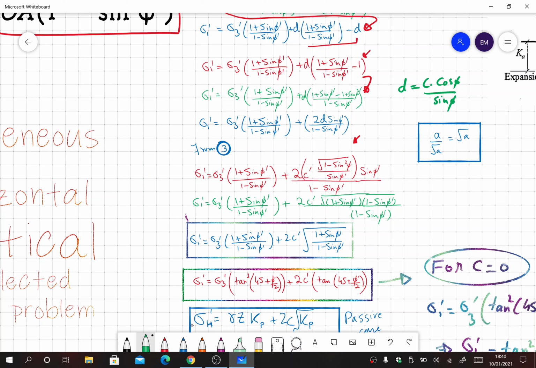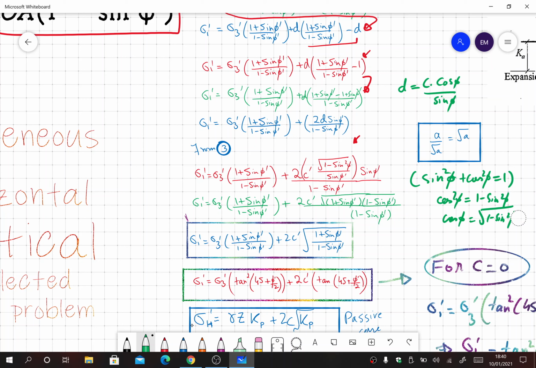So from the formula sine square phi plus cos square phi is equal to 1, we can say that cos square phi is equal to 1 minus sine square phi, and so cos phi is equal to under root of 1 minus sine square phi.